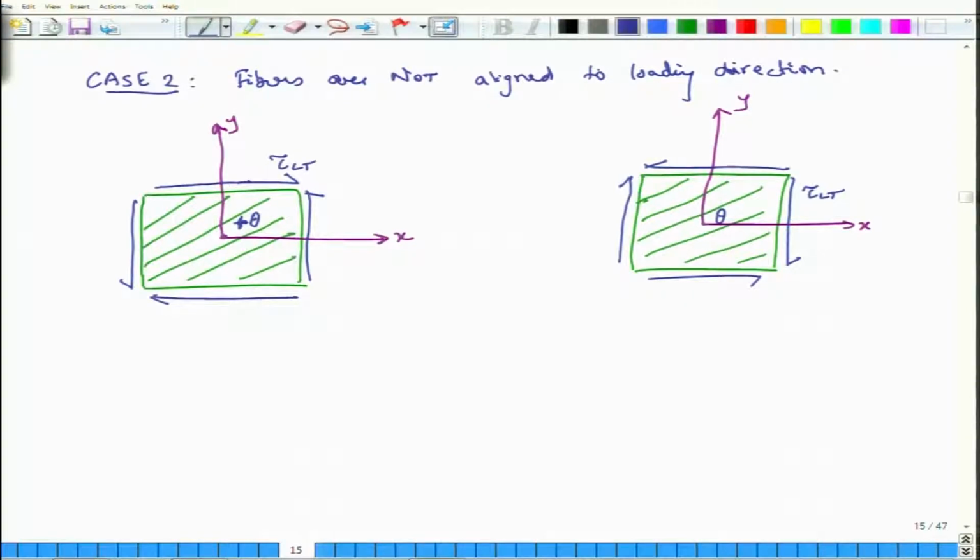In this case, the direction of shear, whether it is positive or negative, will matter significantly.